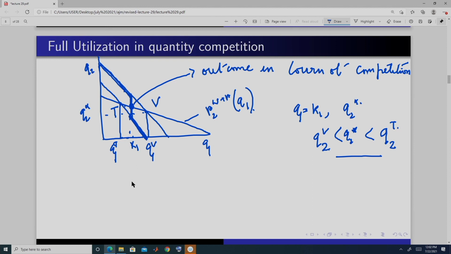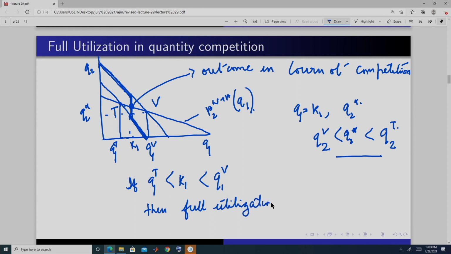So, if K lies within this range, then there is full utilization of capacity by firm 1. Okay.